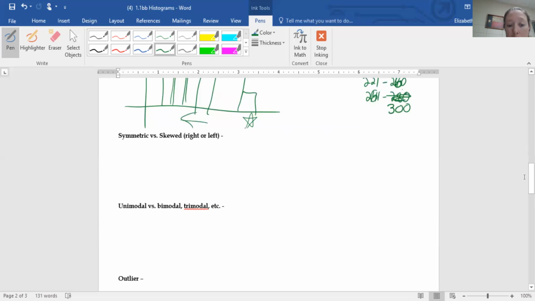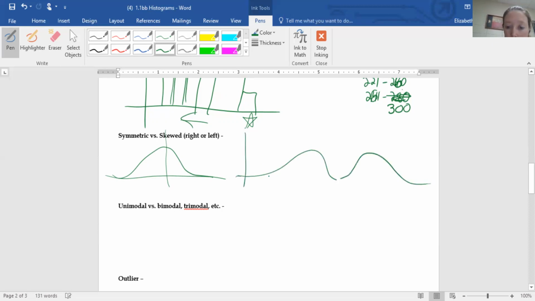A symmetric graph means symmetry. So we all learned this in elementary school. It means when you fold it in half, it's the same on both sides. So a symmetric graph is going to look like this. All right, skewed left or skewed right. Okay, this one is a little counterintuitive.